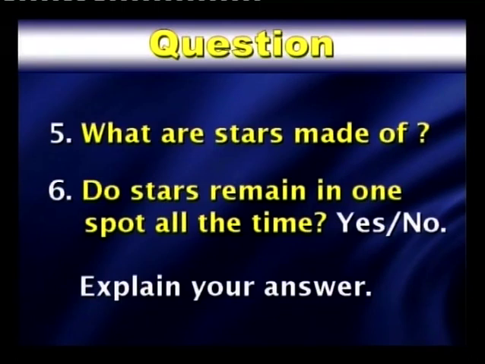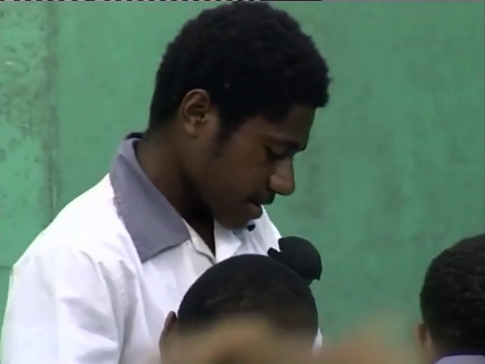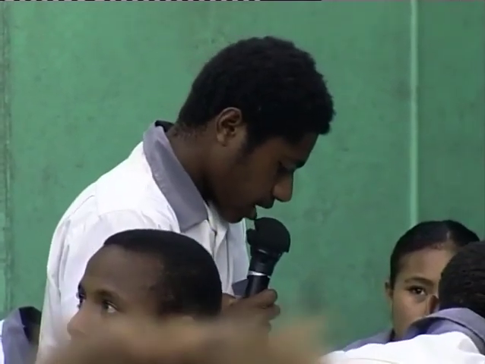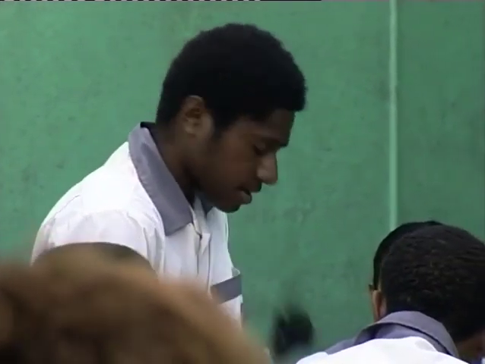Any other answers? What stars are made of? All right. Right now we said that the sun is a star. Okay, before I continue, someone would like to explain. Yes, we have Emmanuel to add on to Melvin's answer. Stars are formed from clouds of gases and dust.